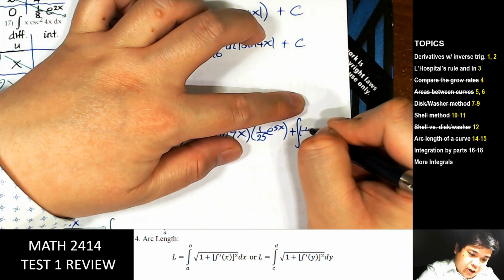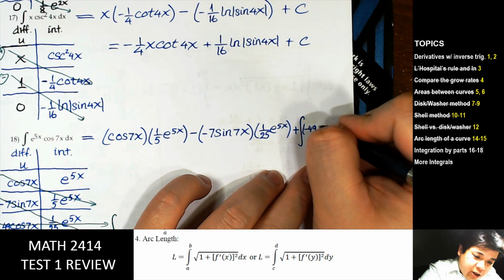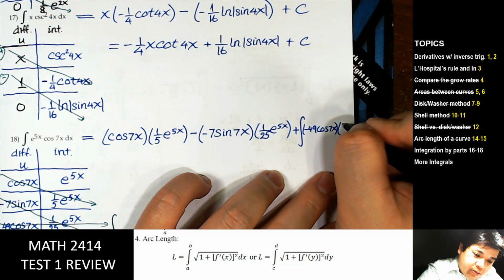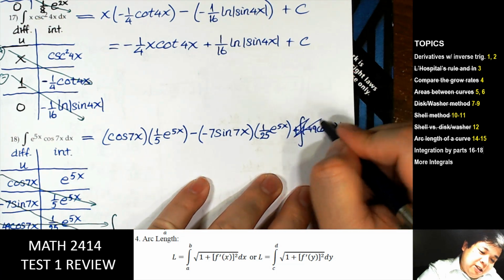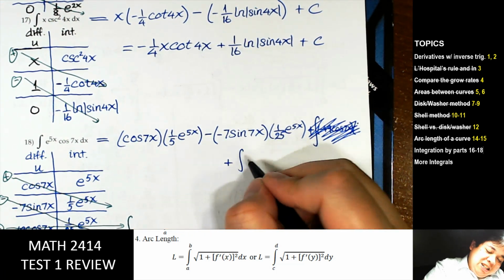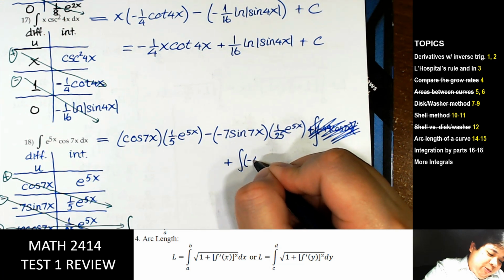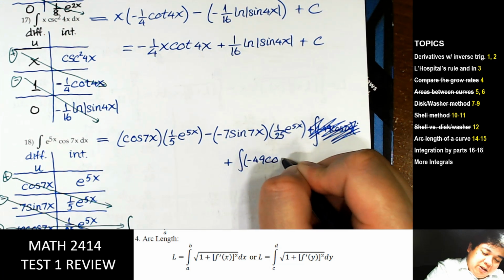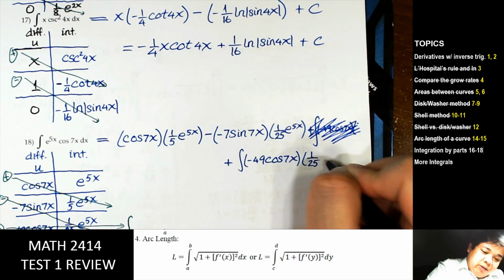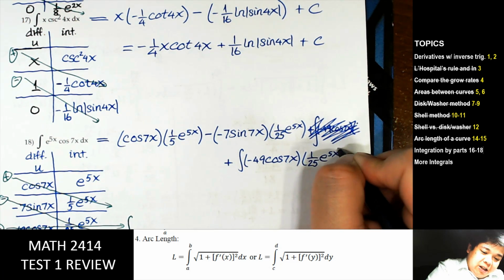Okay, negative 49 cosine 7x times 1 over 25 e to the 5x dx.